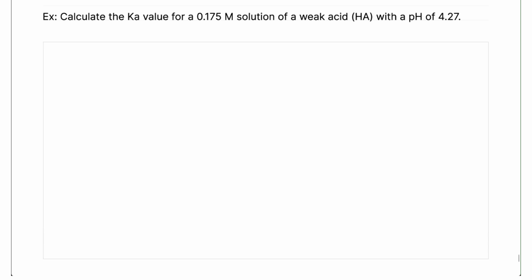For our example, we have: calculate the Ka value for a 0.175 molar solution of a weak acid HA with a pH of 4.27.